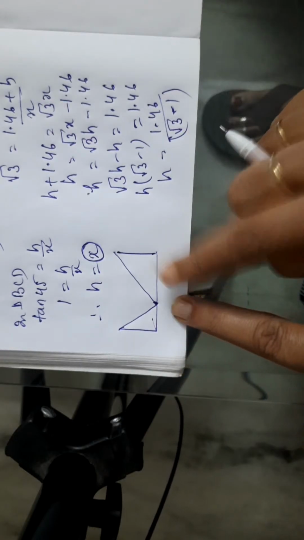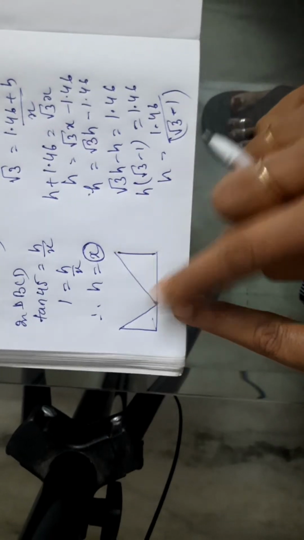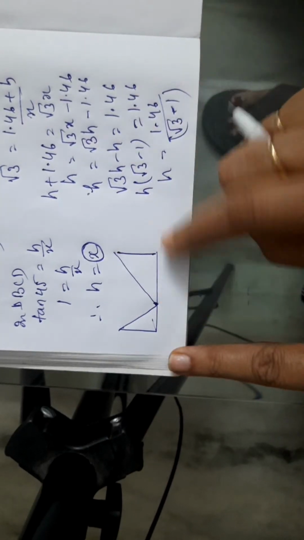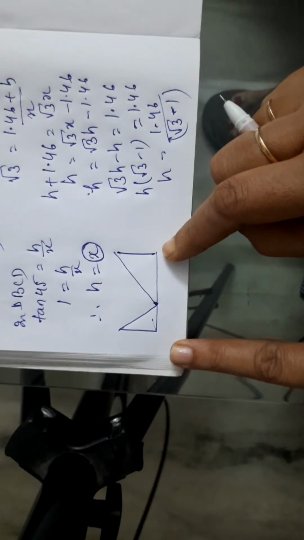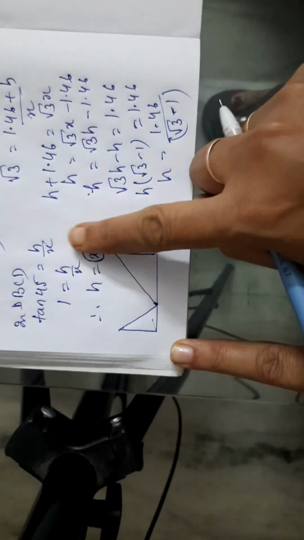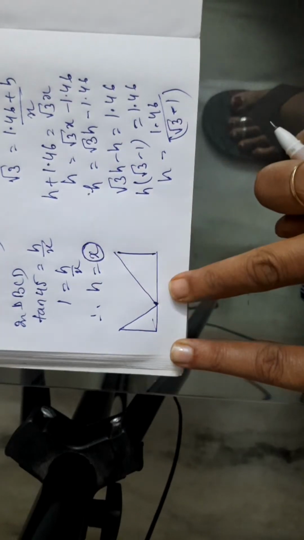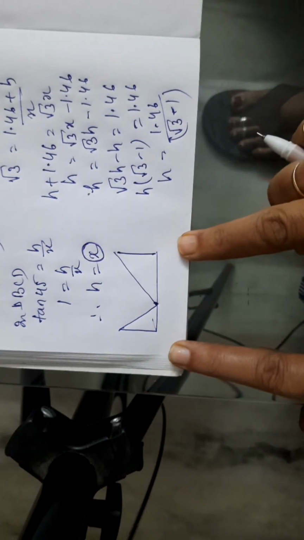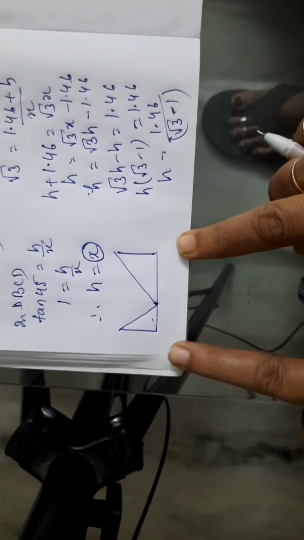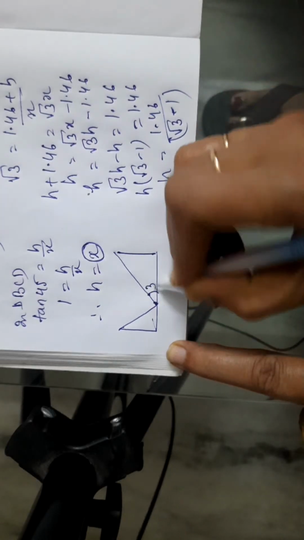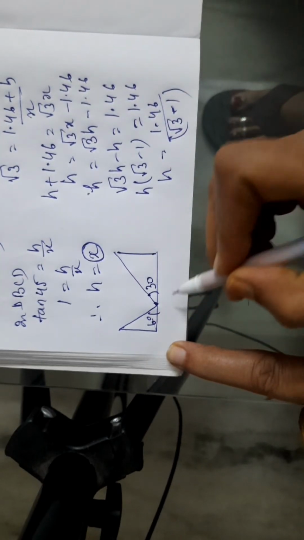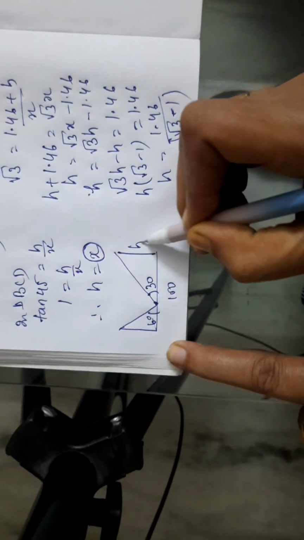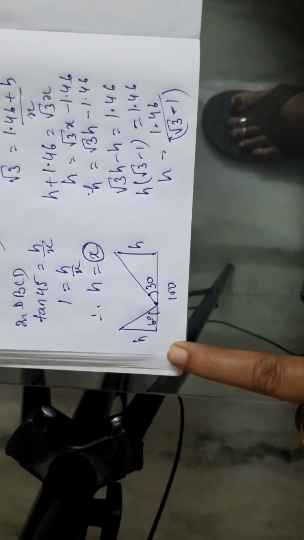Both the pillars are of the same height, so it doesn't matter which angle we consider 30 and which 60. Otherwise, for whichever is taller, you need to take the greater angle. The complete distance is 100. The heights of the pillars are the same, so we consider them h.